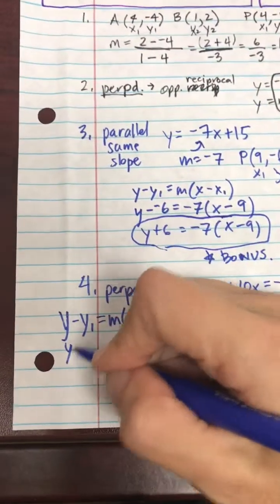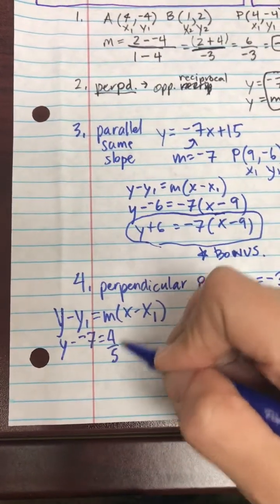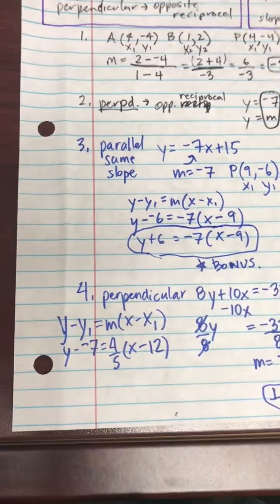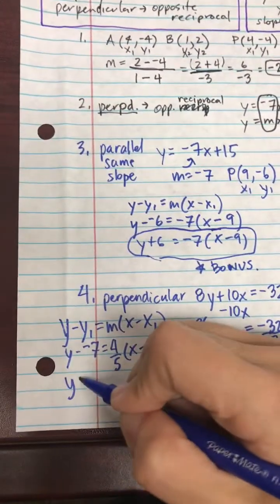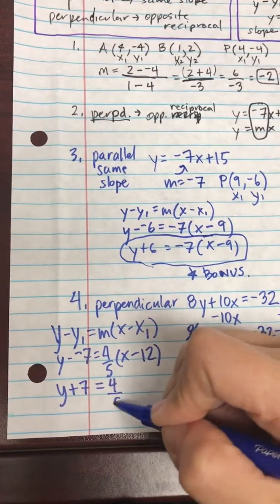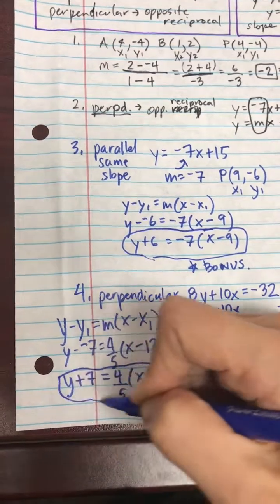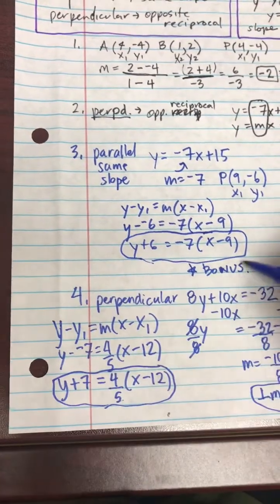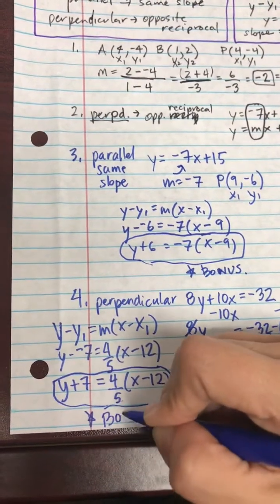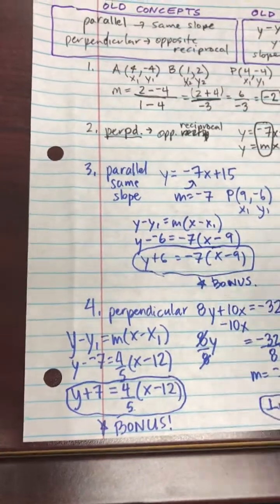So y minus -7, slope is 5/4, x minus 12. So we have y plus 7 equals 5/4 times x minus 12. Once again, I don't have time to write it in slope-intercept form, but if you know how, I'm happy to give you bonus if you can figure that out. Best of luck. Happy Halloween.